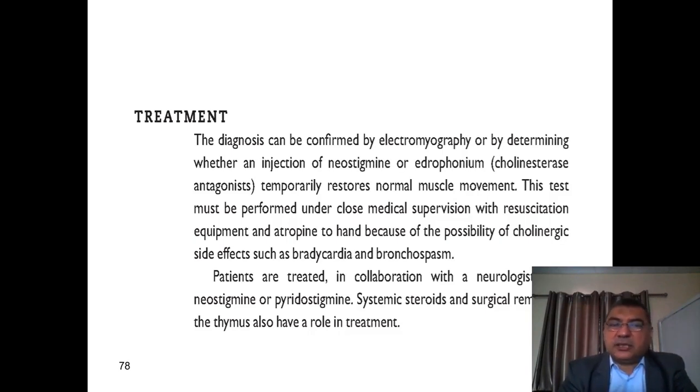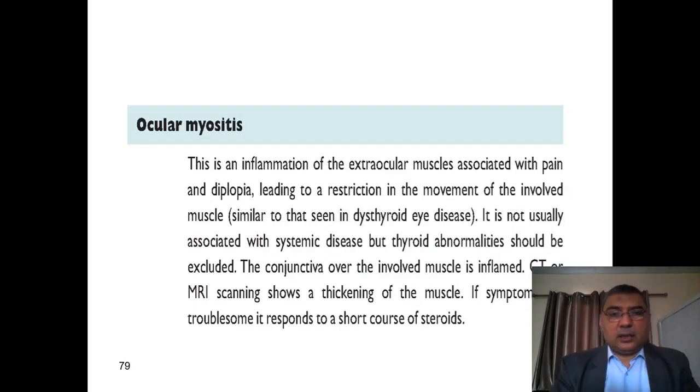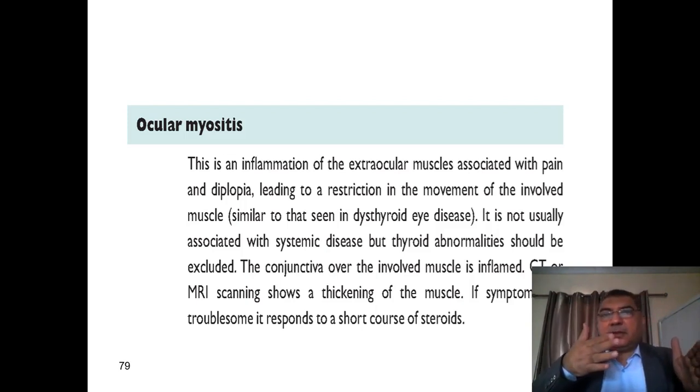There is no surgery in these cases for strabismus because, as we said, it improves with treatment and it improves with ice bag. The next disease is ocular myositis, which is an inflammation of the extraocular muscle that results in diplopia and pain, especially in movement of the affected muscle.